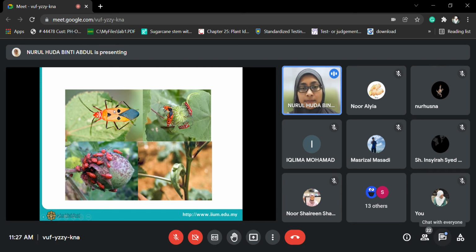Remember that hemipterans has hemelytra, which is forewing, half part is thickened, half part is membranous. So imagine dia ada ni yang kamu nampak atas is actually the forewing. So forewing, distal part is actually membranous part.